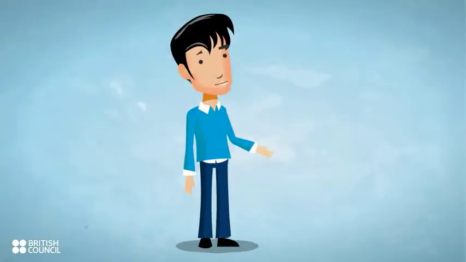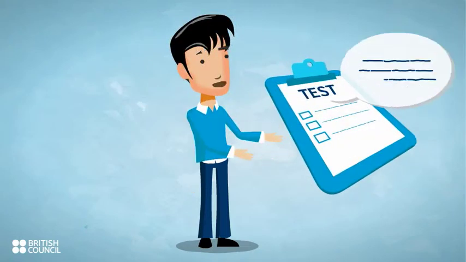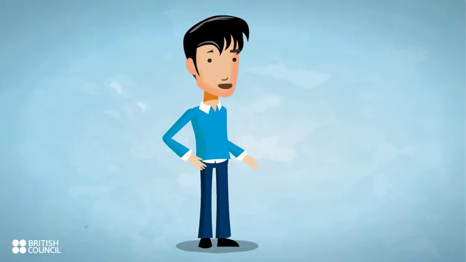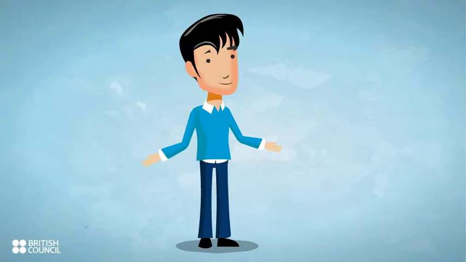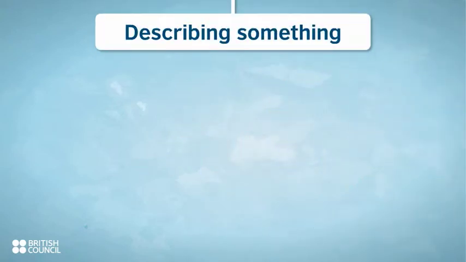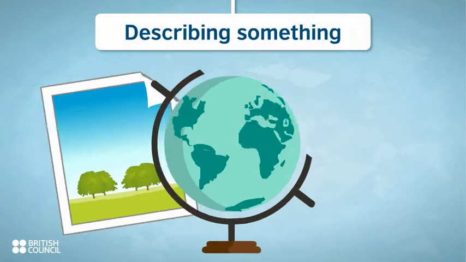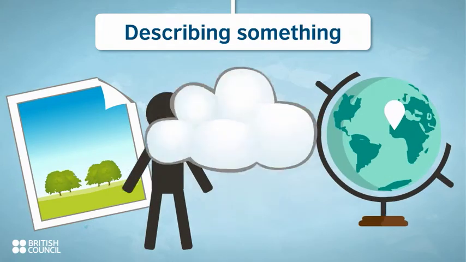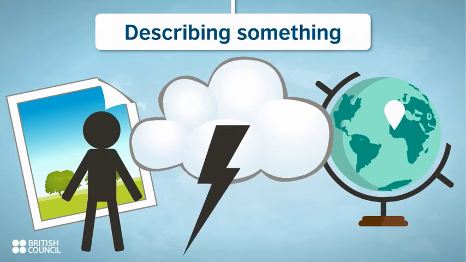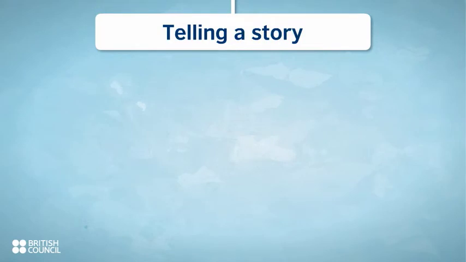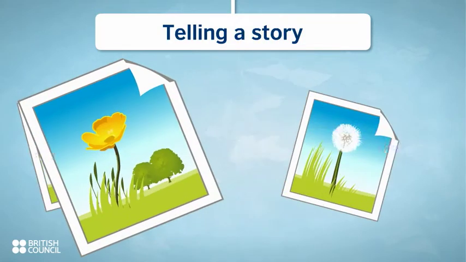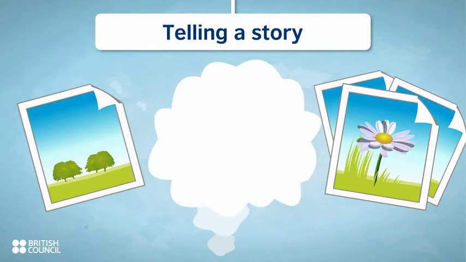There are lots of different tasks that are used in tests of speaking. Some commonly used tasks are describing something. This can be a picture, a place, a person, or even an action. Telling a story. This can be based on a single picture, on a series of pictures, or it can simply be invented.